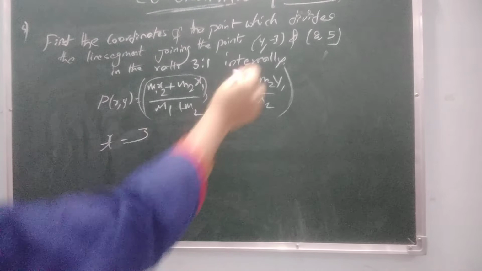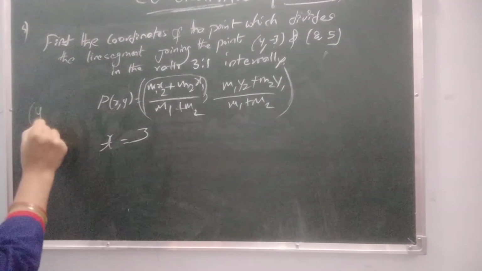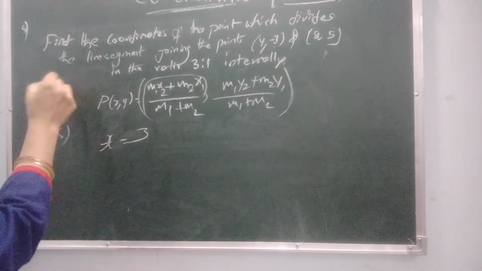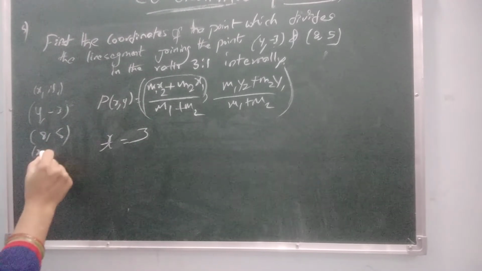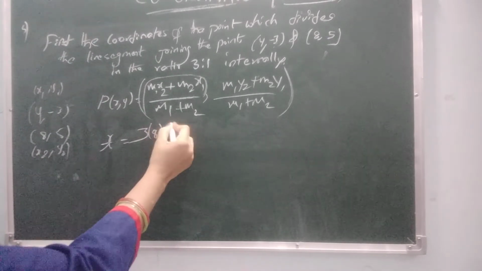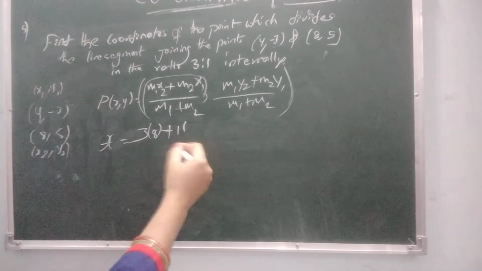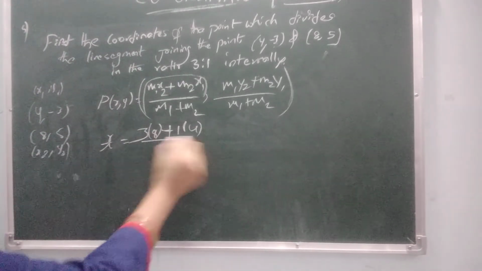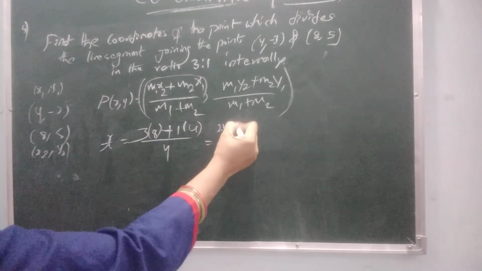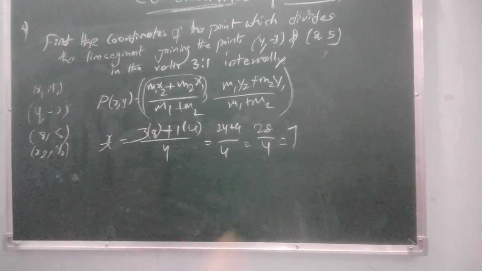So 3 into x2, here the points are (4, -3) and (8, 5); these are x1, y1 and x2, y2. So m1 and x2, that means 8, plus m2 and x1, that means 4, by m1 plus m2, 3 plus 1, 4. 3 eights are 24 plus 4 by 4, that means 28 by 4, 4 sevens are 28.